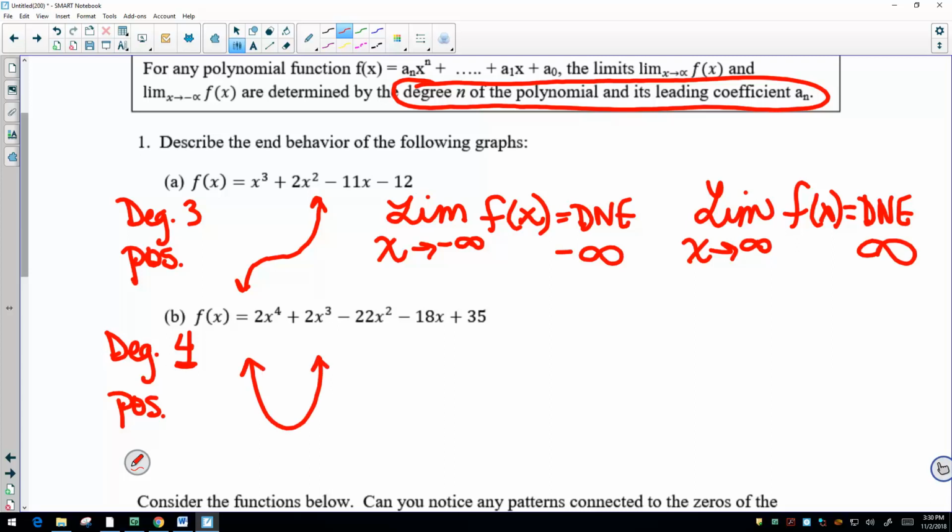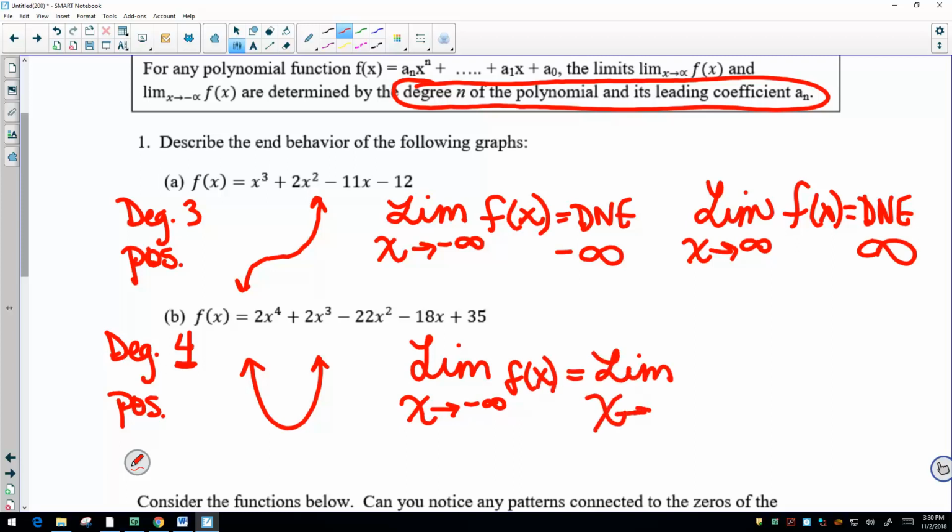So my end behavior will be the same for both. As x goes towards negative infinity, it's going to be the same exact thing as when x goes towards positive infinity. And they're both going towards positive infinity. The limit won't exist, but it will go towards positive infinity.